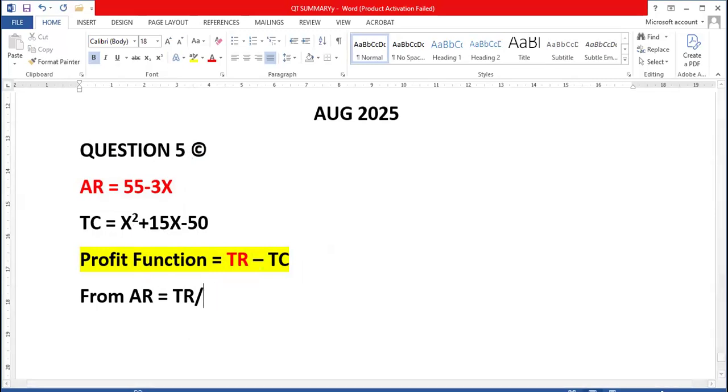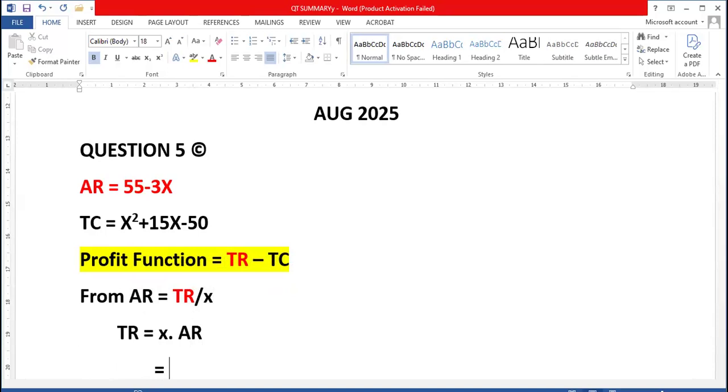That's how you get average revenue. But I already have the average revenue. I need the total revenue. So how can I get total revenue? Total revenue will be this X you're seeing, times the average revenue.